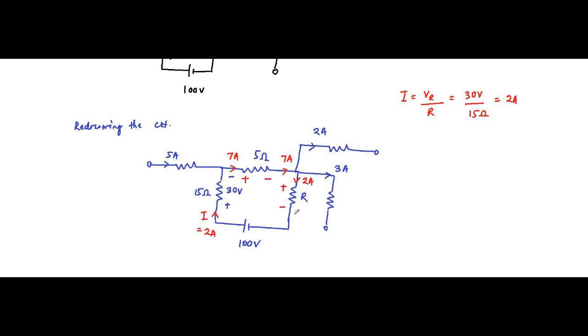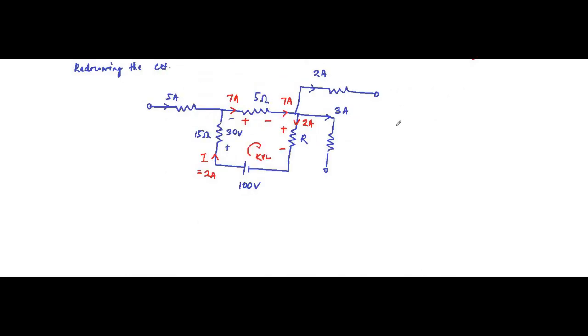Now we have got all the currents flowing through these resistors in this closed path, in this closed loop. Now we'll simply apply KVL.